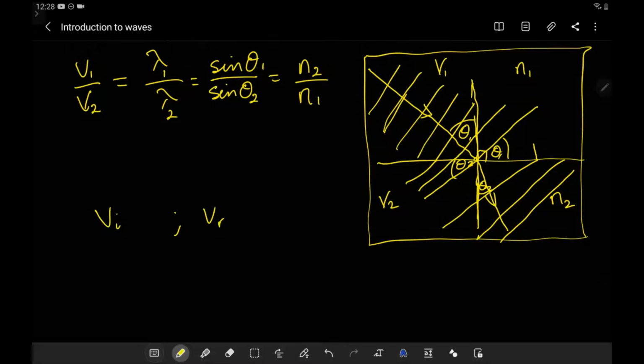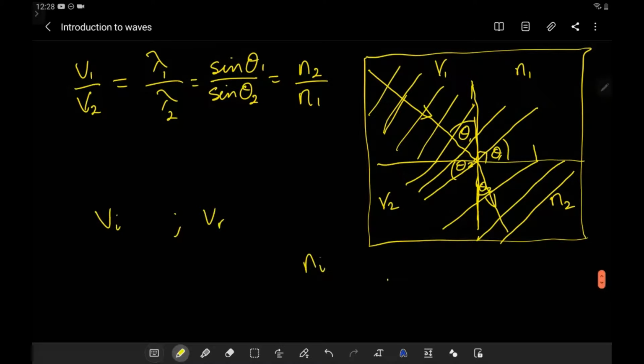Whichever one you prefer. I prefer the numbers. But some people prefer Ni for the refractive index of the incident material, or which one was in first, and Nr for the refracted material. Whichever one you prefer, you could use, once they remain consistent.